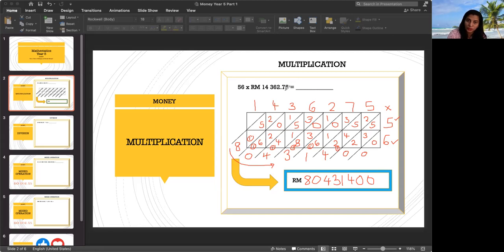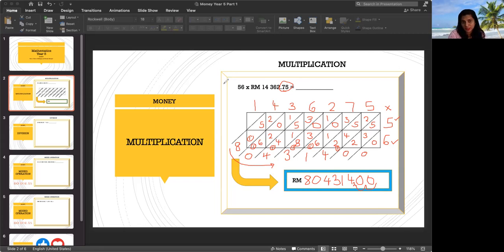But now you can put in the cents part of 2 decimal place values. So move your decimal point in from the right, and you put your decimal here. Now you can read this number as 804,314 ringgit. So that would be your answer. And this is how you actually multiply a very complex number.